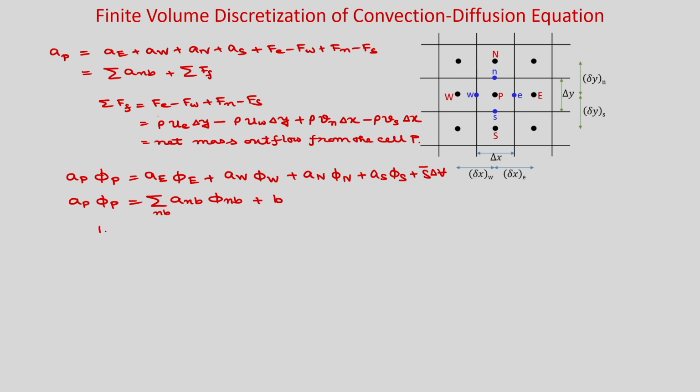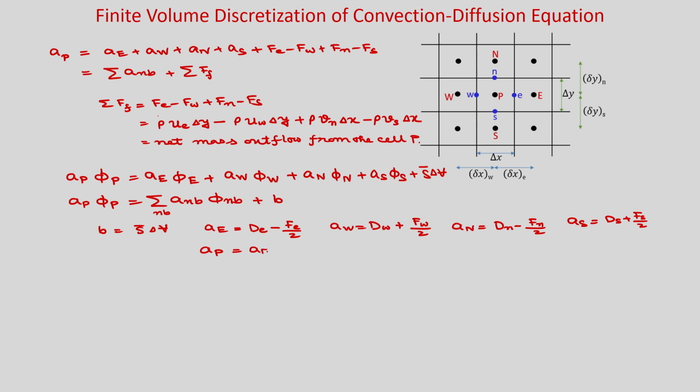So, you have B equal to S bar delta V, Ae is dE minus Fe by 2, Aw is dW plus Fw by 2, An is dn minus Fn by 2 and As is ds plus Fs by 2, and the diagonal coefficient Ap will be just Ae plus Aw plus An plus As plus Fe minus Fw plus Fn minus Fs.